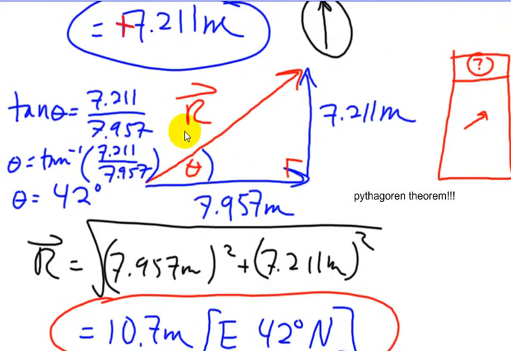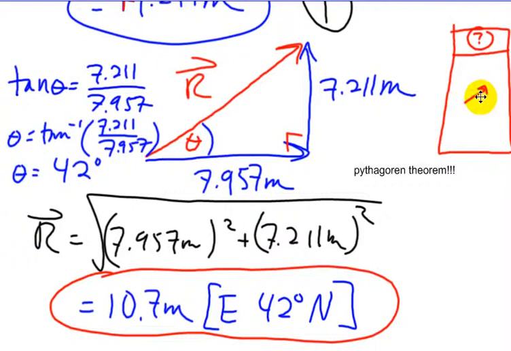And then to figure out the angle, opposite over adjacent is tan, so 7.211 over 7.957. Then take the inverse tan, I get 42 degrees. East, north, east, 42 degrees north. So the overall movement looks something like this.